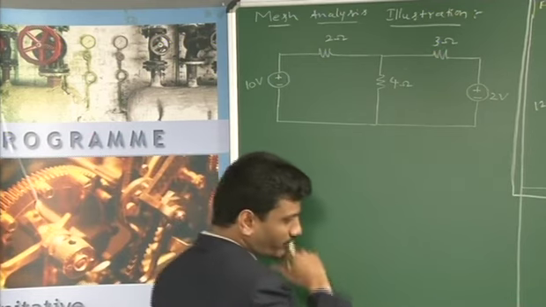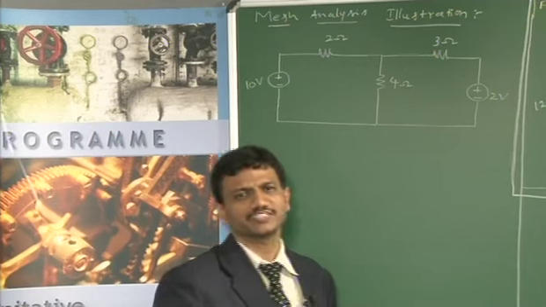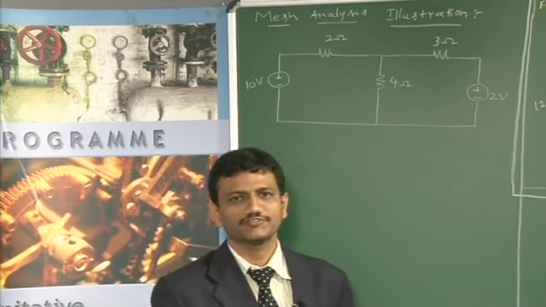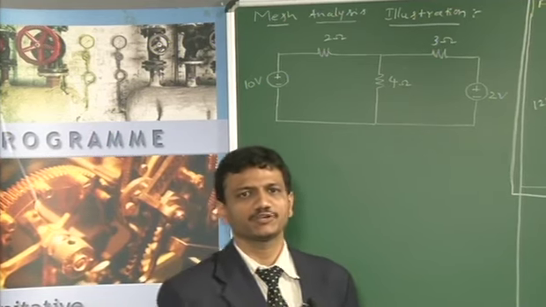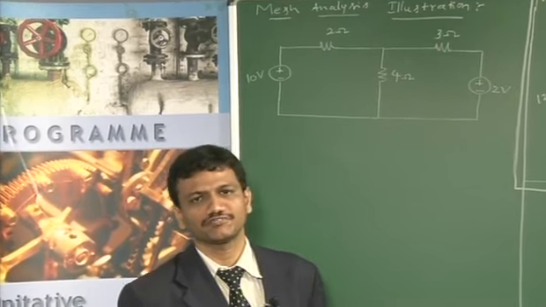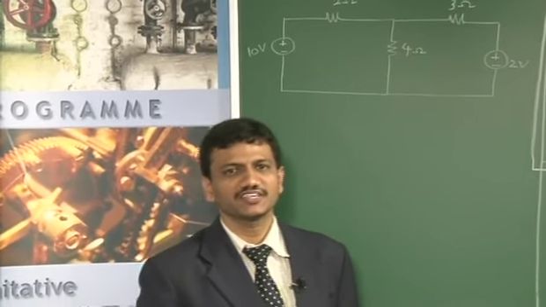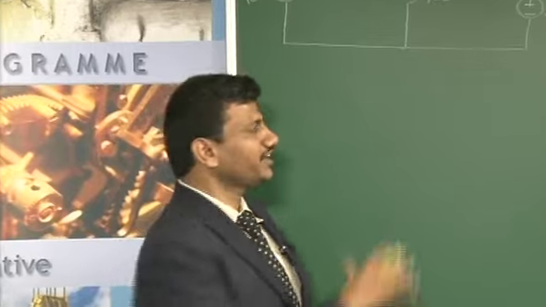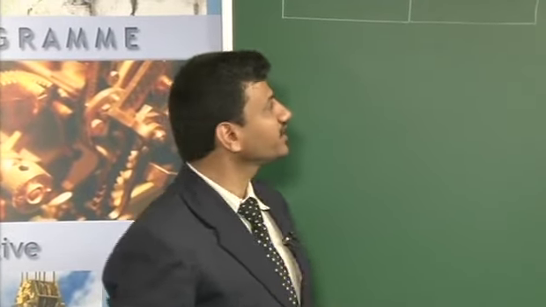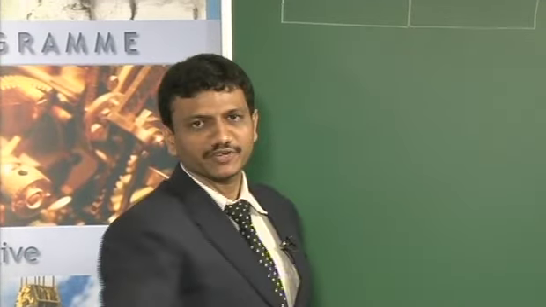Now, what do we do in mesh analysis? Mesh analysis is also one of the methods of analyzing a network to obtain the response or solution of the network. What we basically do here is we identify the meshes in the given network, we allocate a current to each of the meshes, then we apply KVL to each of the meshes.